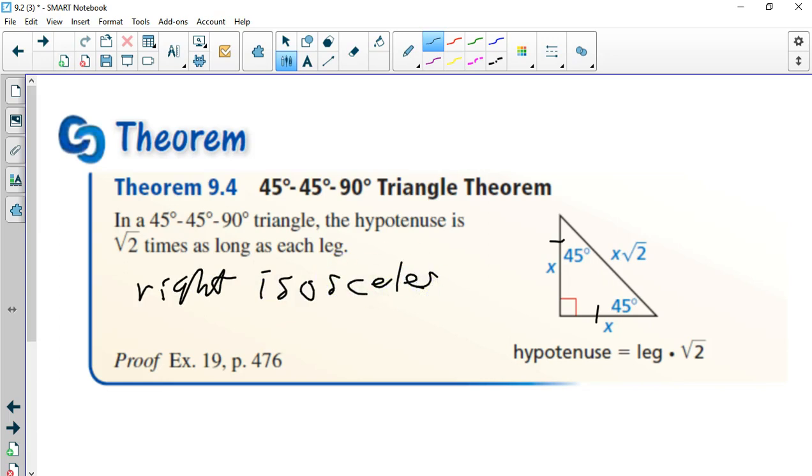Okay? Now it has a very simple relationship here. The legs match, isosceles, and the hypotenuse, the longest side, is always times radical 2 of the leg. And if you're going the other direction, obviously you would divide.